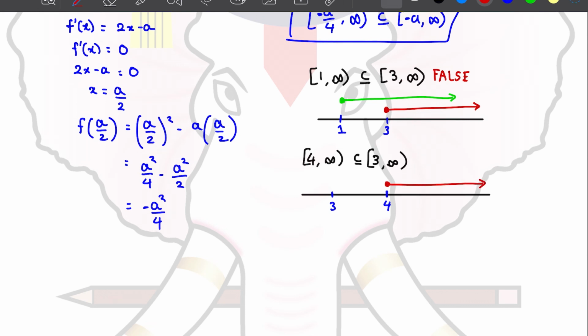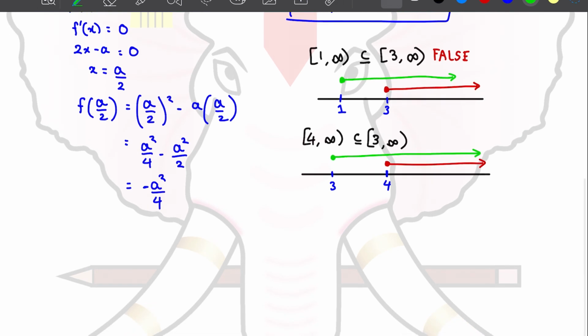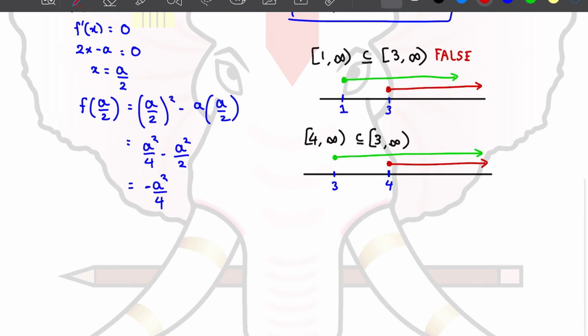So 4 to infinity, and the other one is 3 to infinity. Well, we can clearly see that 4 to infinity falls under 3 to infinity, meaning that this is true.